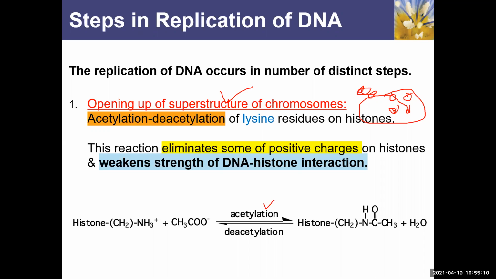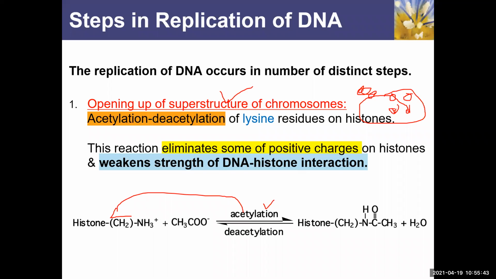But right now we need to open them because we want the enzymes to do the replication, to access this DNA. We don't want histone and DNA to be together, right? So we need to remove this positive charge of the histones. And the only way to remove the positive charge of histone proteins would be causing acetylation of the histone proteins, which will further decrease the interaction between the histone proteins and the DNA.